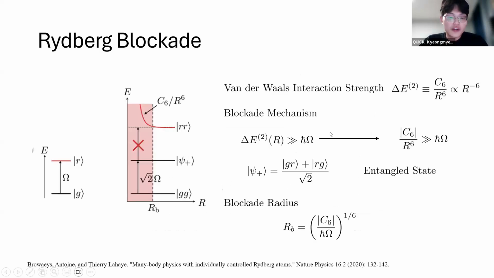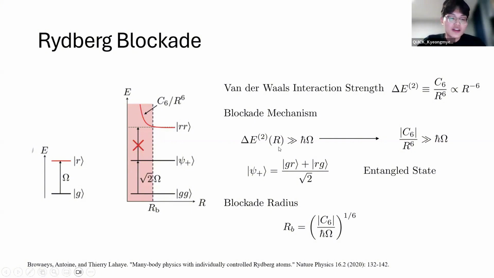This Rydberg atom has a special property called the Rydberg blockade mechanism. It simply states that if two atoms are separated by a distance smaller than the blockade radius defined here, only one atom can be excited to the Rydberg state.